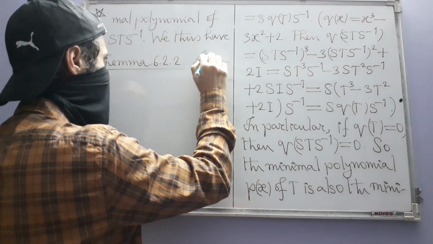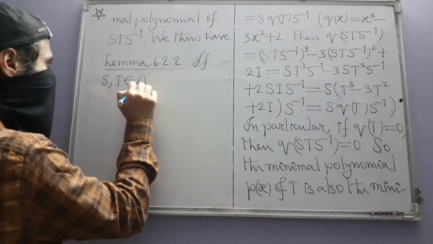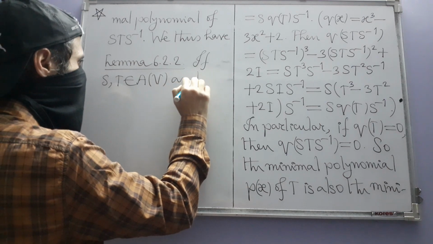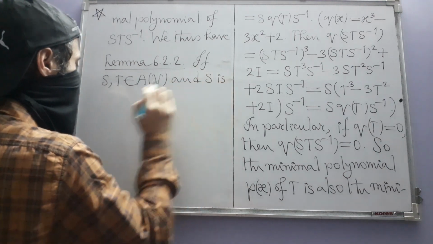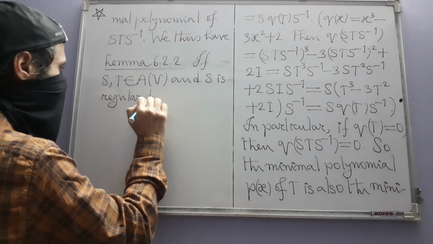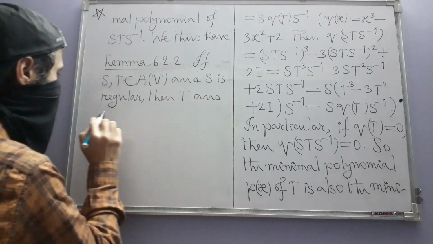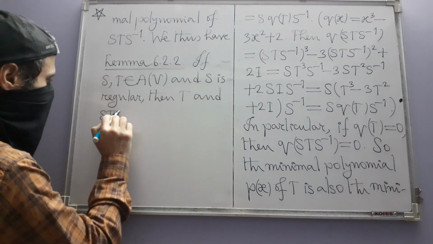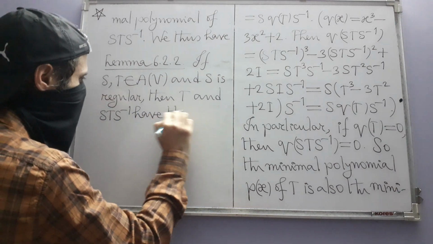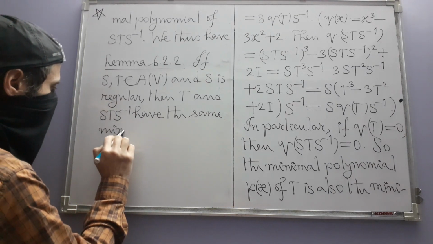If S and T are linear operators on V and S is regular, then T and ST S inverse have the same minimal polynomial.